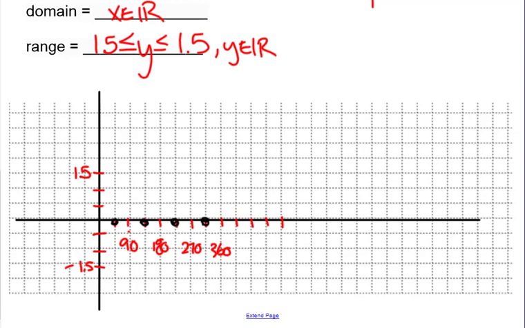As we keep graphing our maximum, well, in this case, we have it at negative 1.5. At 90, we'll be at 1.5, 180, and when we come back up. So our graph is going to look something like that. If we wanted to go to 360, I guess, there would be our graph. Perfect.